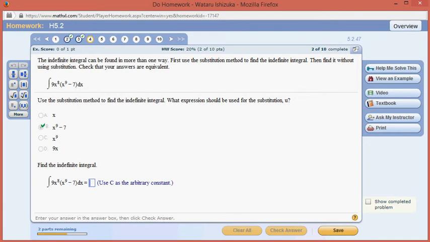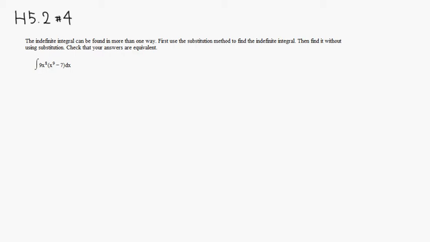Alright, so let's do that. Substitution, we already know. Let u be x to the 9th minus 7. So if you take the derivative of u with respect to x, you will get 9x to the 8th power.